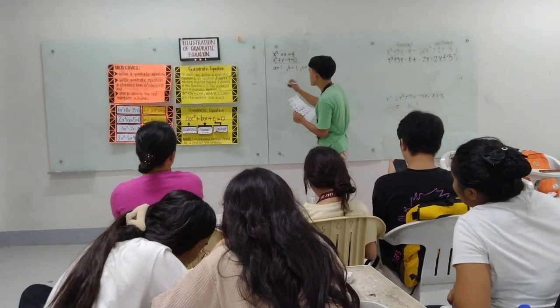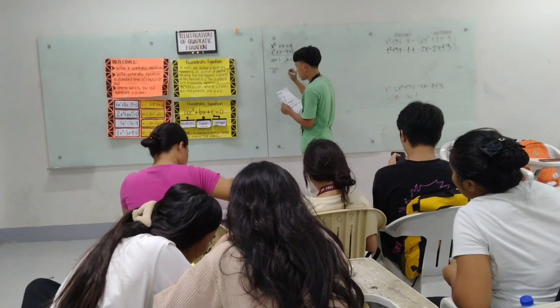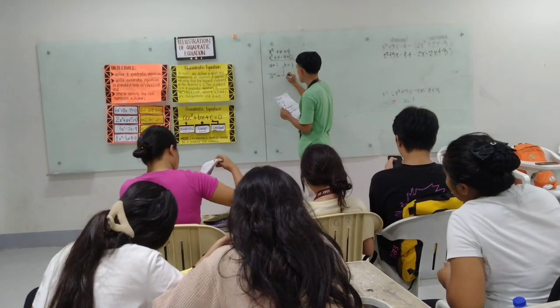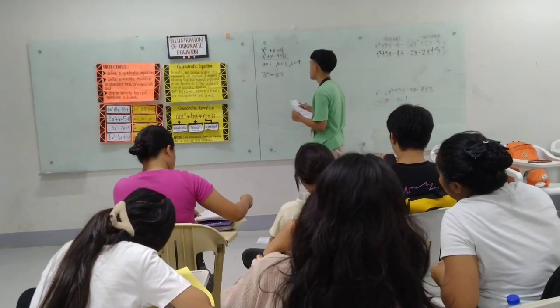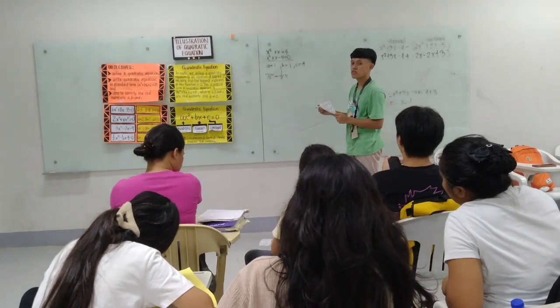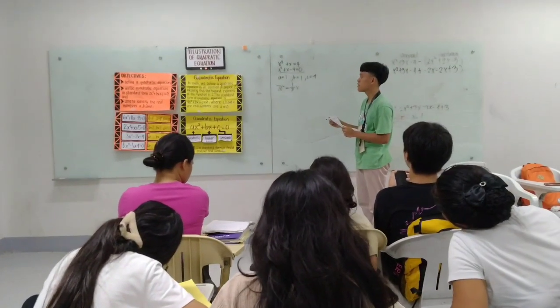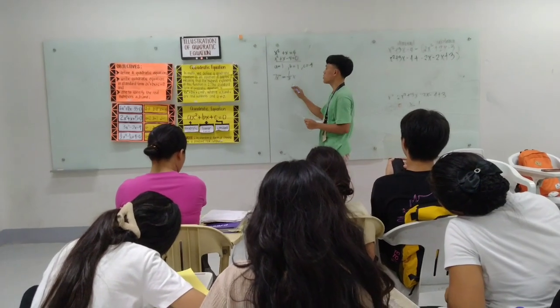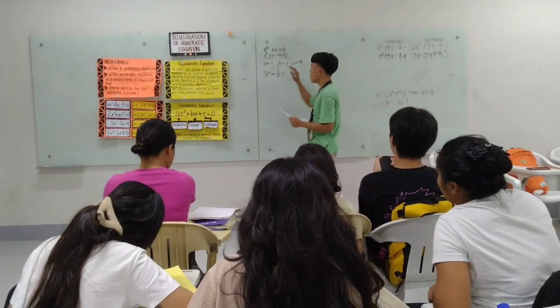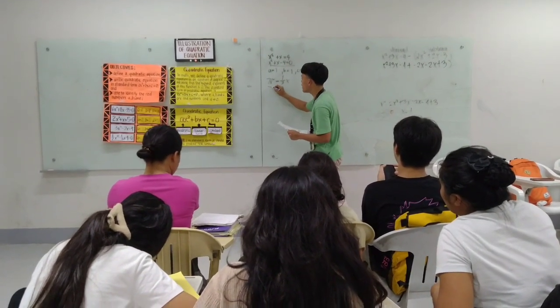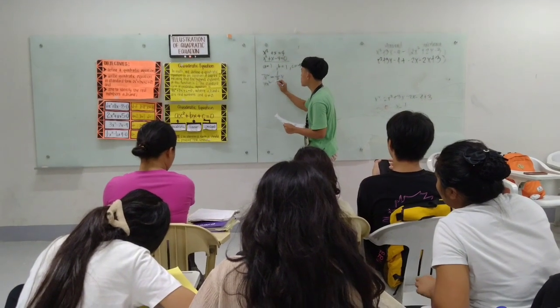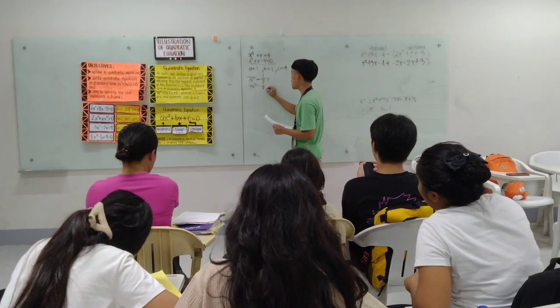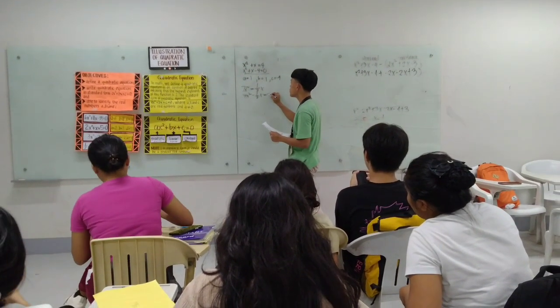Another example is 7x squared is equal to negative 1/3 x. What are we going to do? So yes, we're going to transpose the 1/3 x. So it will be 7x squared minus 1/3 x is equal to 0.